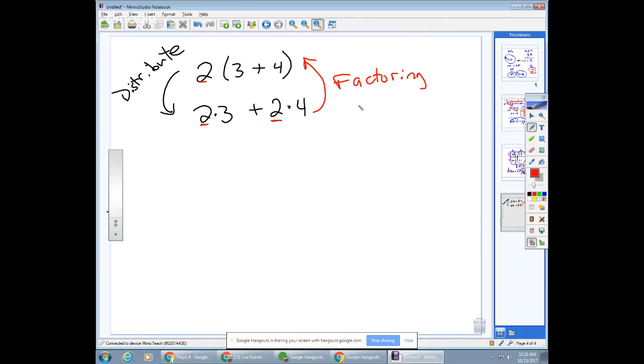The reason I mention that is because sometimes it's helpful to go the other way. It depends on the problem. It seems like it'd be simpler to do it this way? No. Or take it back that way, so it's just 2 times whatever that number is. So where does that come in handy?